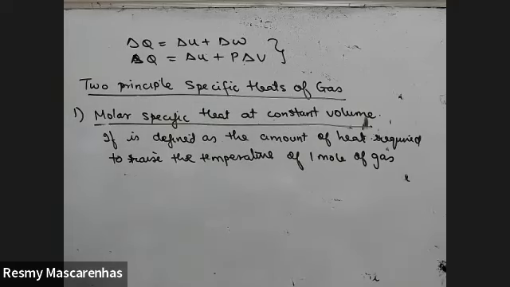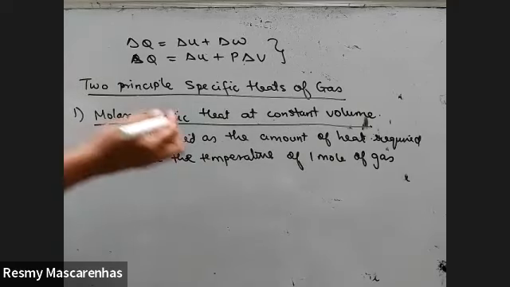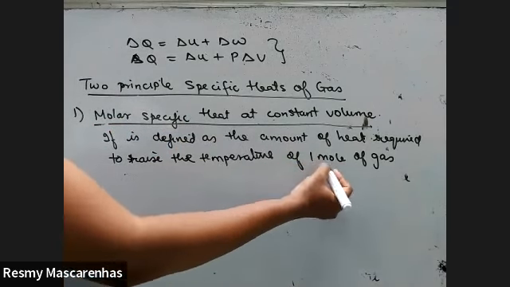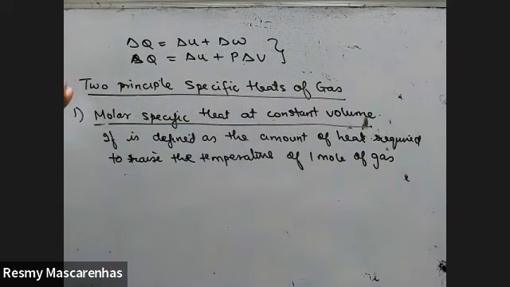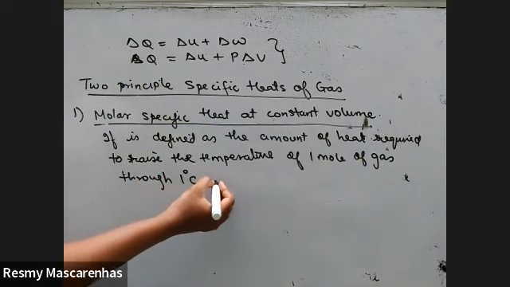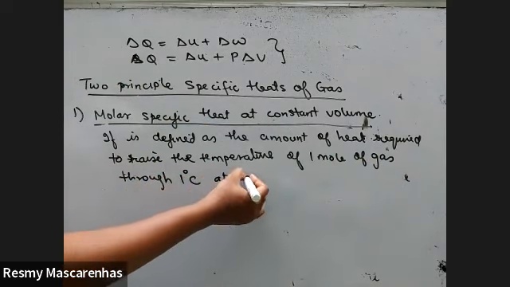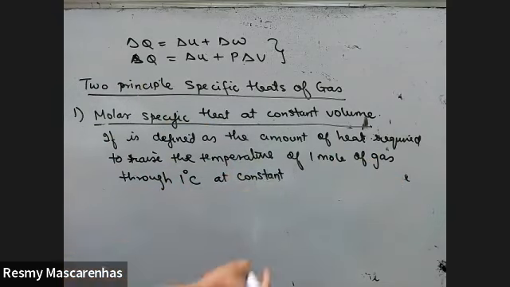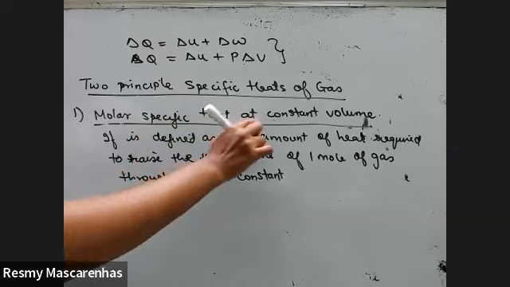We don't need that in detail. Only what we need to know is how much heat you need to raise 1 mole of gas through 1 degree Celsius at constant volume. If you are keeping the volume constant and then checking the temperature, it is called molar specific heat at constant volume.